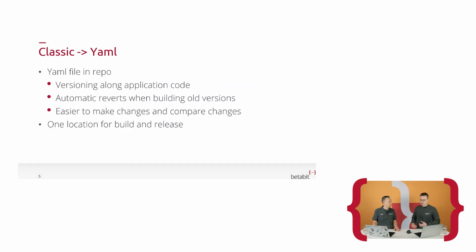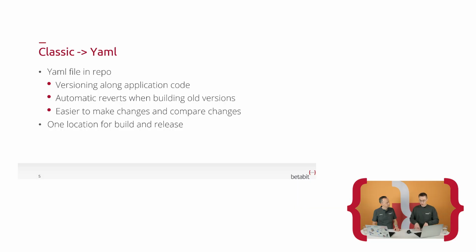I think the biggest change is the fact that the YAML pipeline is just a file that is stored in your repository with all your other code. So it's no longer a separate entity somewhere in Azure DevOps that you have to edit separately from your code.